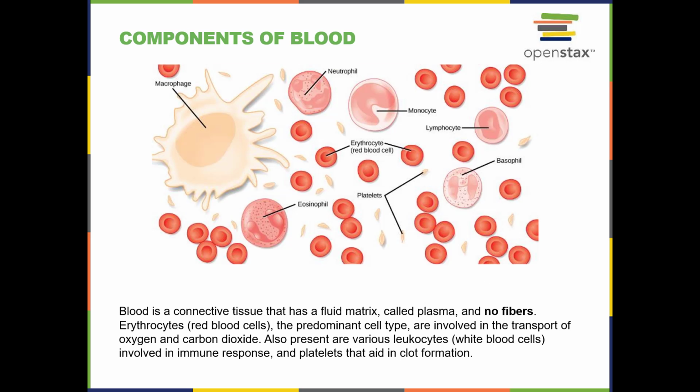And blood. Blood is a connective tissue, and it doesn't have fibers. So that's something that's kind of important. But it does have a liquid that is more voluminous than the cellular component. So from that angle, it still fits the general definition. The matrix is plasma. All right.